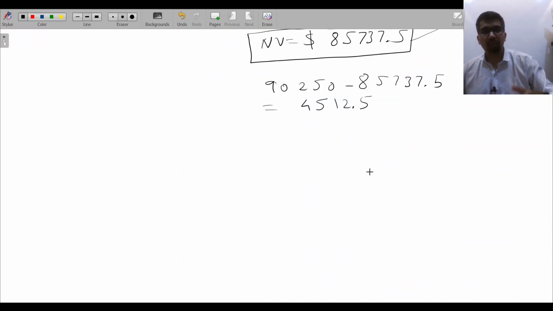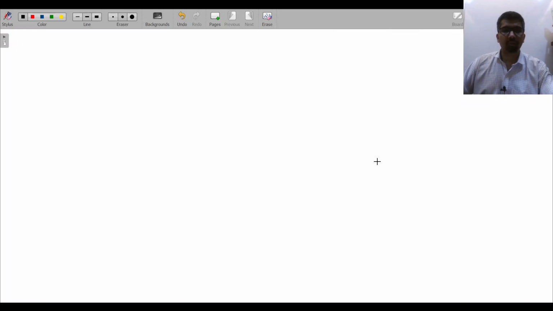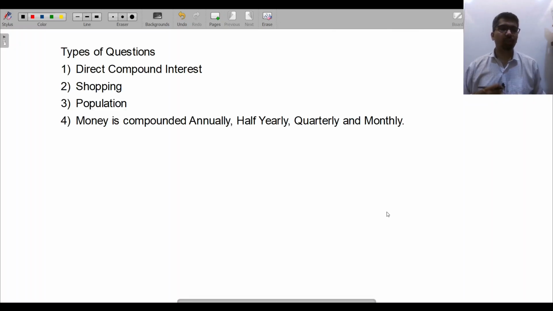Now we'll go for types of sum. How many types of sums are there? So there are total 4 types of sum. First is direct compound interest, where you apply A equal to P (1 plus R upon 100) or (1 minus R upon 100), whatever is the case. Next comes depreciation, which we have done in this video.